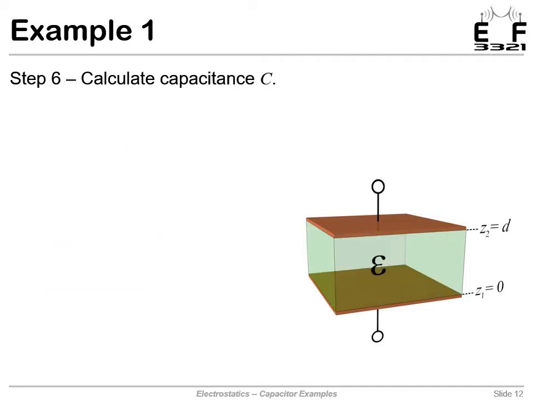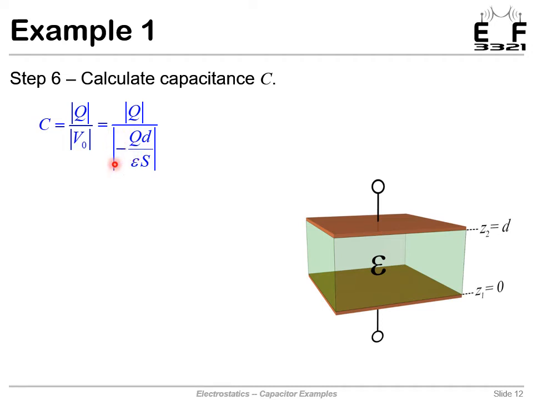We're finally ready to calculate capacitance. Remember what capacitance was? The charge Q divided by the voltage. So we know what Q is. That was the assumed thing. We assumed Q on each plate, and we derived an expression for the voltage between the plates due to that charge.